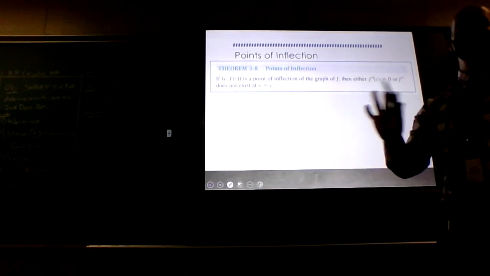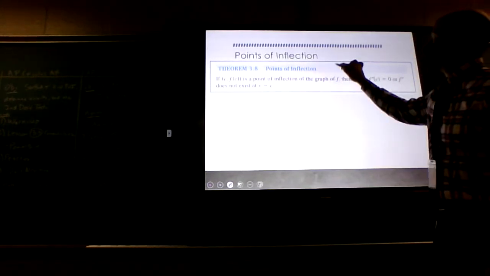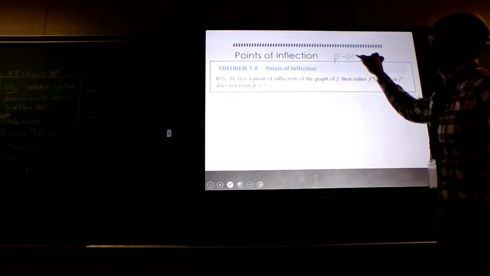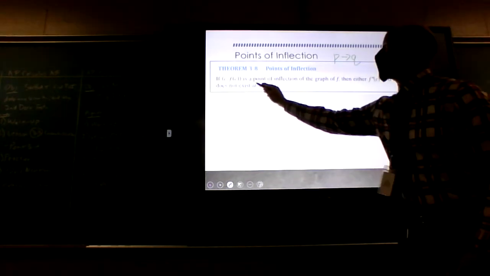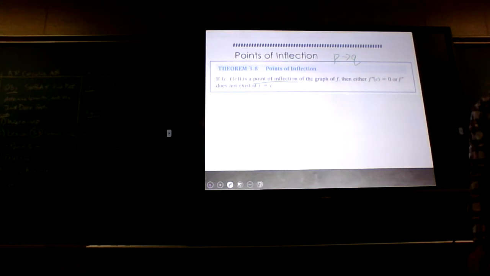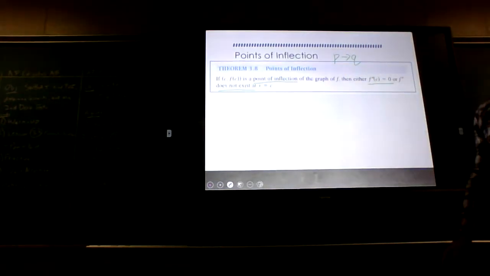Now, please be aware, this theorem is in if-then form. You guys remember if-then form type questions? If P, then Q? This one is saying if it's a POI, then the second derivative at that value has to be 0 or it has to be D and E. It doesn't tell you where they are.